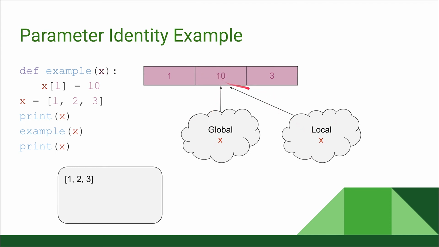So changing my local x is going to change my global x. Even when my example function finishes and my local disappears, that change is going to persist, and my global x is going to exist still. And if I print x now, x is now [1, 10, 3]. So I hope this clears up a little bit of confusion as to why lists act the way that they do. There we go.